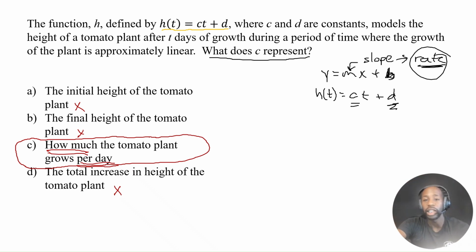Because look, if this equation is for height, and it's a function of time, that means I can plug in some time and get out the height at that time, which means that if I'm multiplying c times that particular time, c represents some height per day times t, which is the number of days. So then that gives you essentially whatever the added growth is at that particular point in time, if that makes sense.